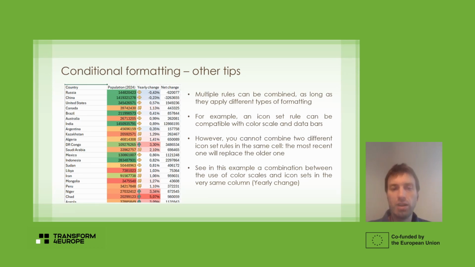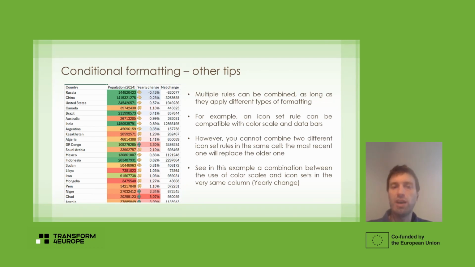So you can see that, for example, both Chad and Niger are faster growing. They are in the top 20% of the world countries with the highest yearly increase in population. But I can see that Chad is significantly expanding its population faster than Niger, 5% compared to 3.3%. And this is actually provided by the color scale.